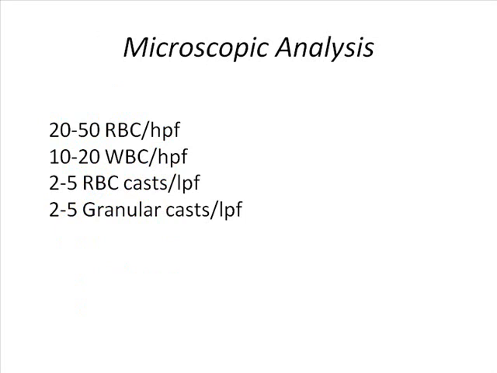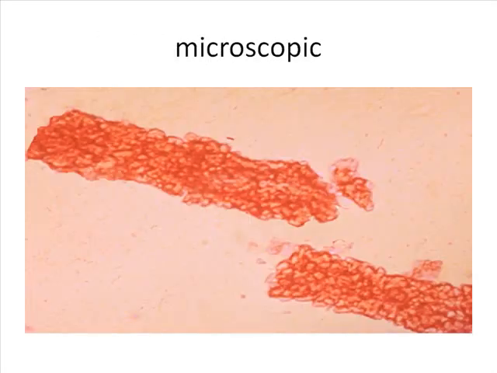Now, check this out. He's got casts. Look at 2 to 5 RBC casts. What does that tell you? Glomerular nephritis. Here they are. Look at those casts, those muddy casts that he's displaying. Chronic glomerular nephritis.